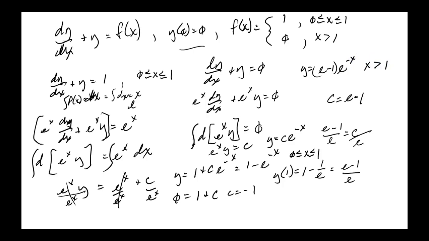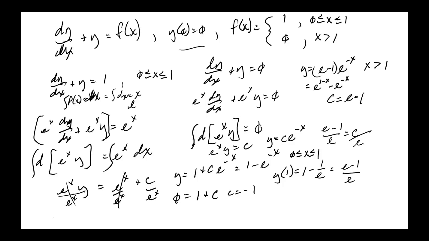Well, is there anything we can do to make that a little smoother? You could say this is e to the 1 minus x minus e to the minus x. I don't know if that's any clearer or not, but that's another way to write it. So, they didn't. They just left it just like we did.